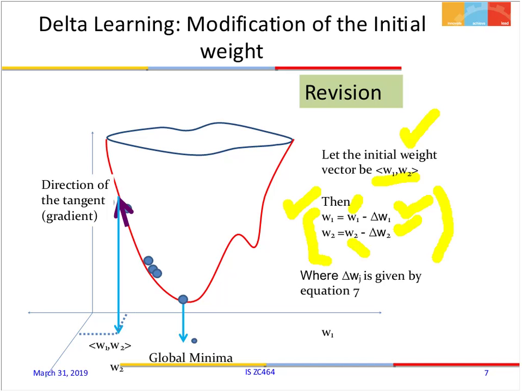Right, so this is how we represent the new value. So what is on the left is the new value, and what is on the right is the old value of W. Fine, and then it is computed with the change by minus delta W1 and W2 respectively.